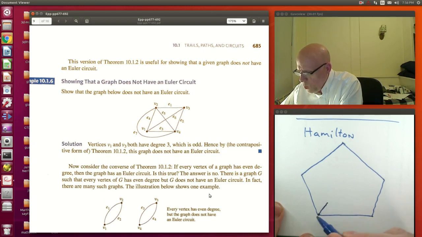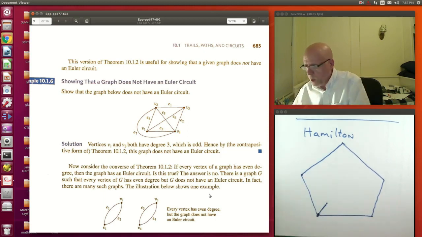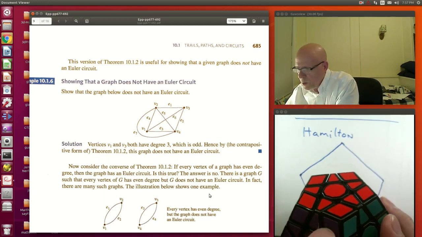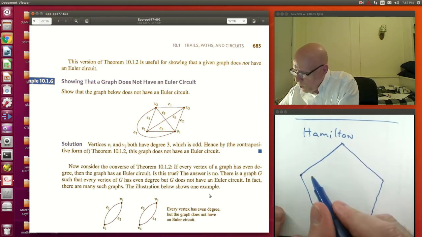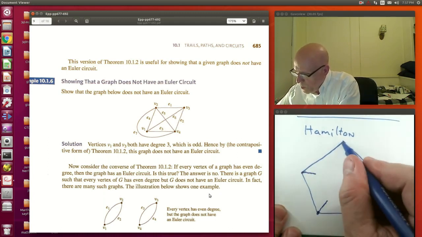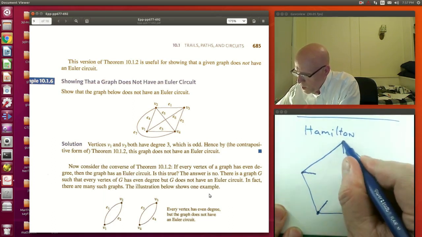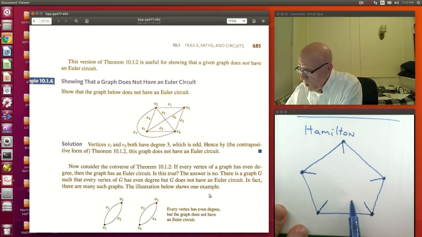Every corner is degree 3 in that graph. Let me show it to you again. You see how there's 3 edges coming towards a single corner on this? That's the degree. So there's sort of stubs that come in from each of these dots that are on the outer pentagon. And also, by the way, these are supposed to be 5 cycles, aren't they?